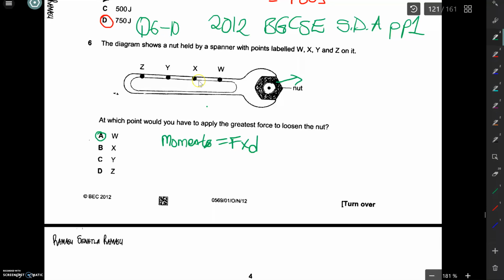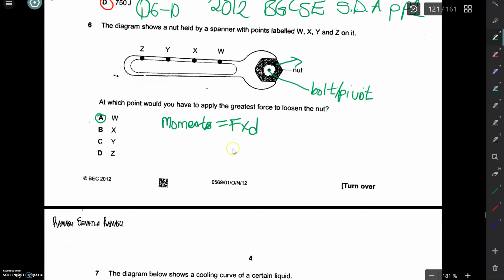The distance is measured from the pivot, being the center of the nut or the bolt. The bolt is your pivot. So if your distance from the pivot is large, then you need to apply a smaller force. But if your distance from the pivot is small, then you need to apply a larger force.